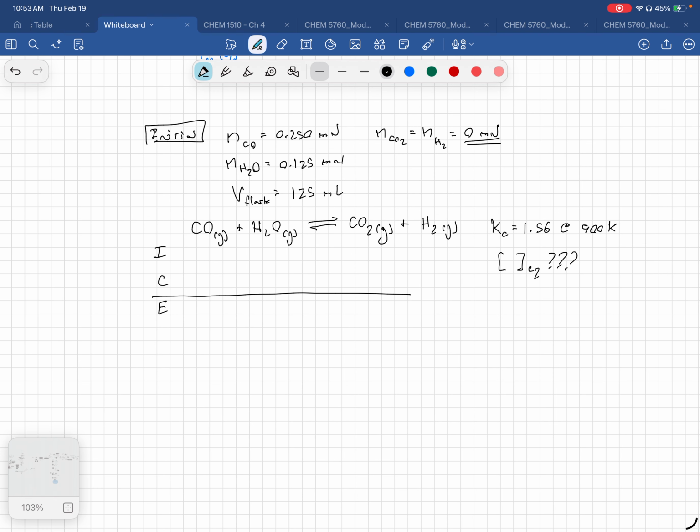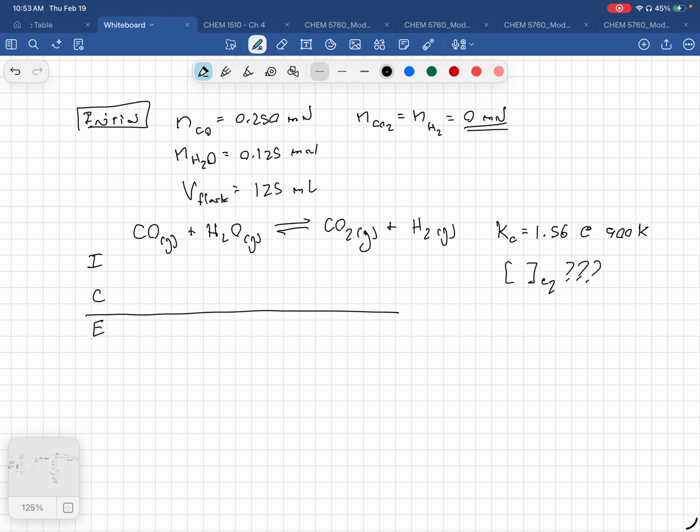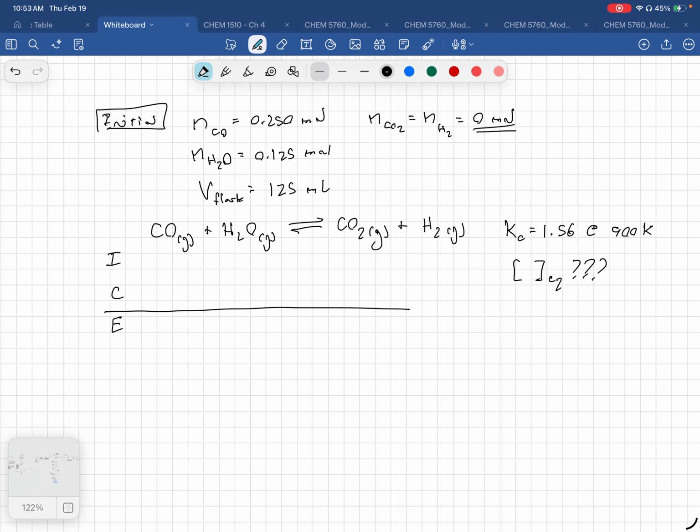So let's go ahead and evaluate this. I need to know my concentrations of CO, H2O, CO2, and H2 under our initial conditions. And so for our CO2, it's 0 moles per liter, and our H2, it's 0 moles per liter.